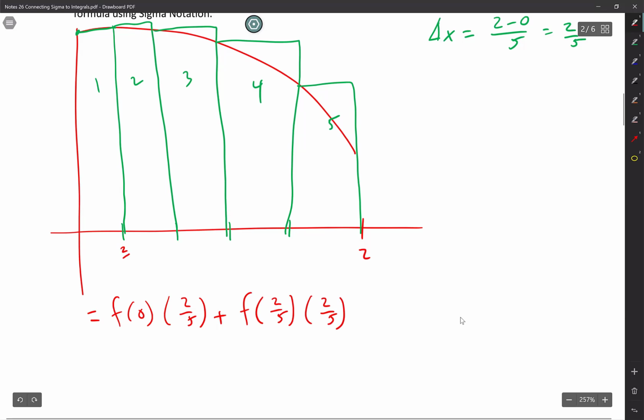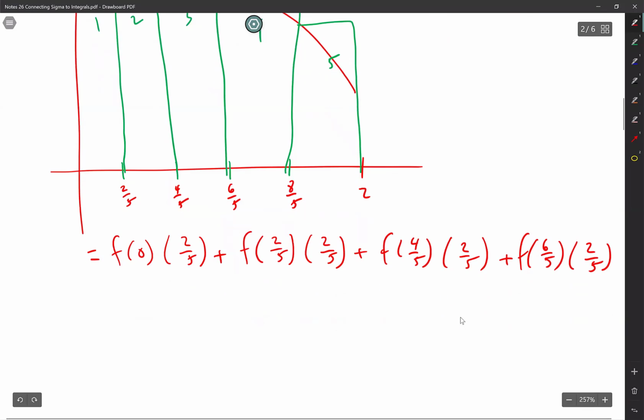That's 2/5, 4/5, 6/5, 8/5. So all of them except for the f of 2 there. Plus f of 4/5, plus f of 6/5. And then I don't have room for the last one. I'll just write it right here.